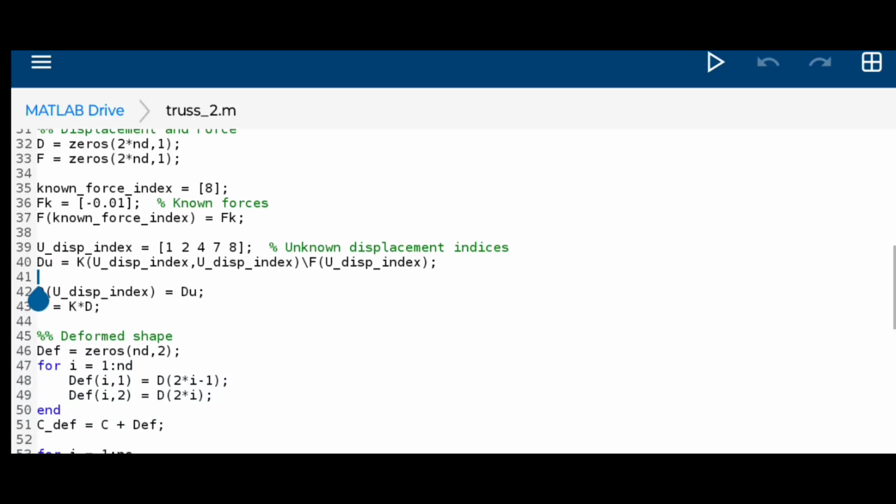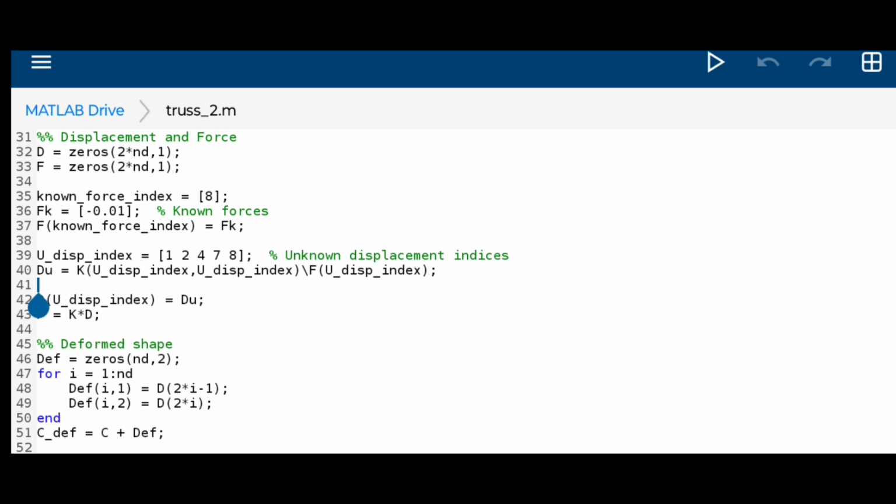It is like k inverse f. Displacement: kd is equal to force, therefore d is equal to k inverse f.